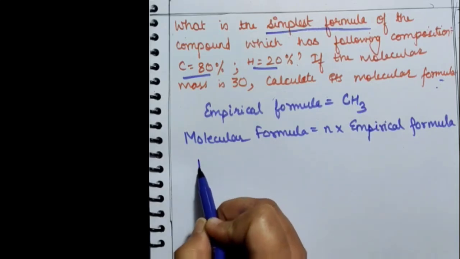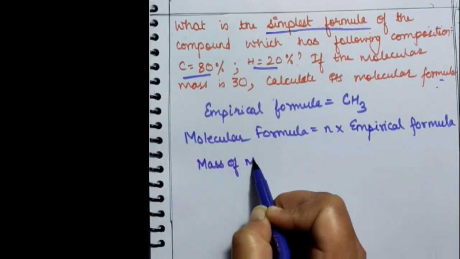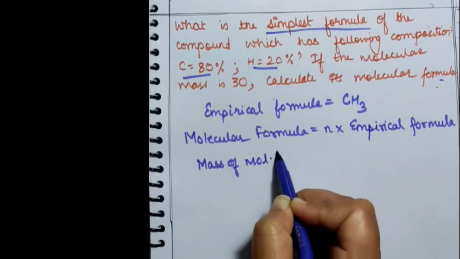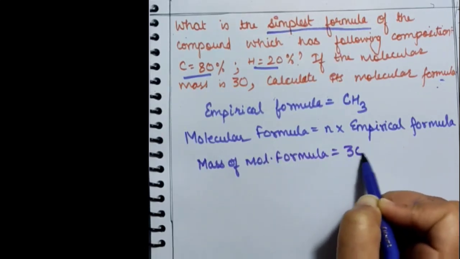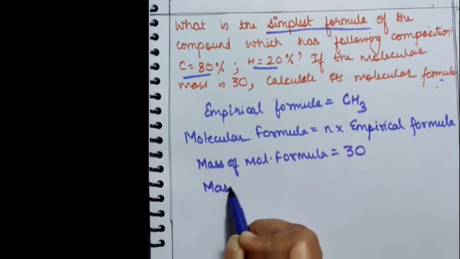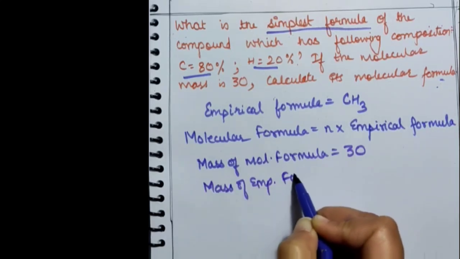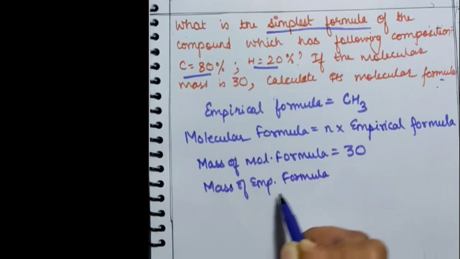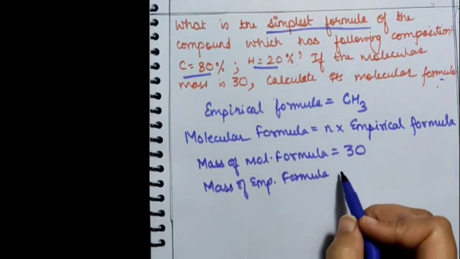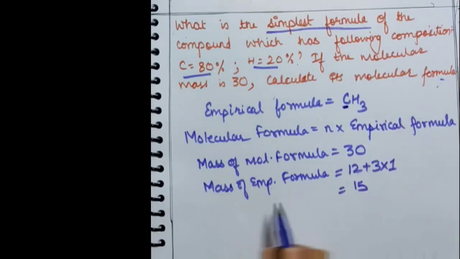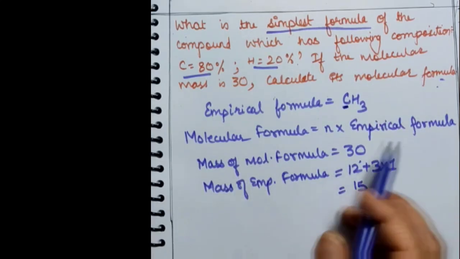Right? Can't we? Mass of molecular formula is 30. Mass of empirical formula, I am writing in short form, but this is not the accepted form, so you have to write it completely in the exam. So mass of empirical formula is 15. Mass of molecular formula is 30.